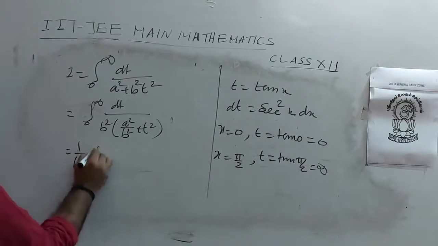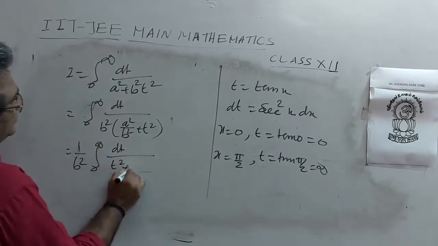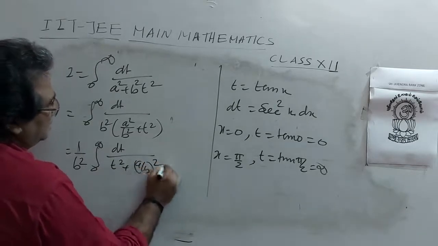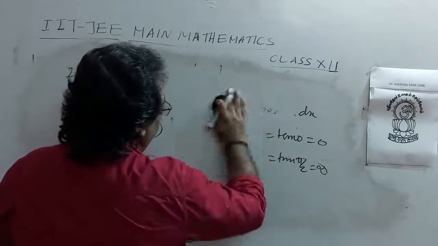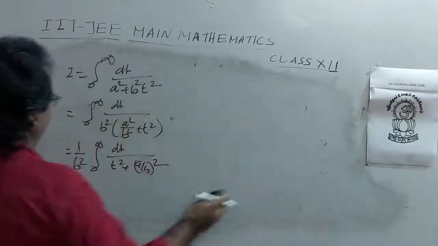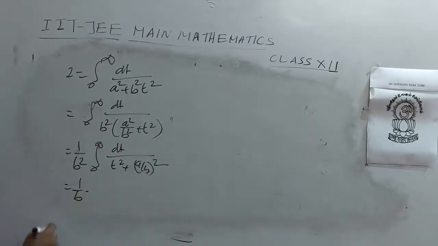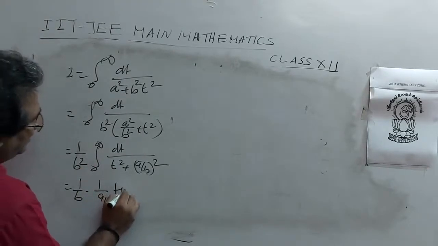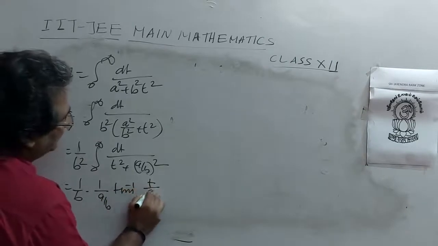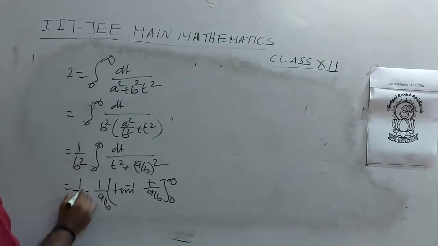So 1 by b squared integral 0 to infinity dt by t square plus a by b whole squared. So 1 by b squared, with dx by x square plus a square giving 1 by a tan inverse of x by a, that is 1 by a by b, tan inverse of t by a by b over 0 to infinity.